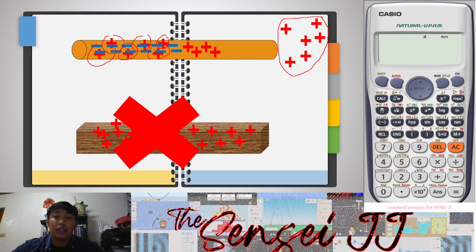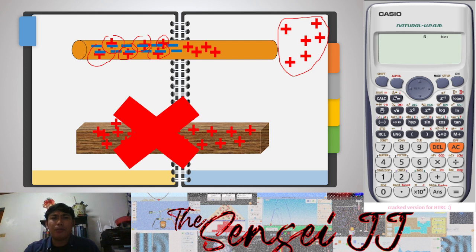For the reason that there are missing electrons, meaning no one will welcome our protons. So there won't be any attraction. If there won't be any attraction, what will happen to our protons? They won't be able to come inside our insulator. That's why our insulators don't conduct electricity, because there are no electrons to welcome our protons inside.